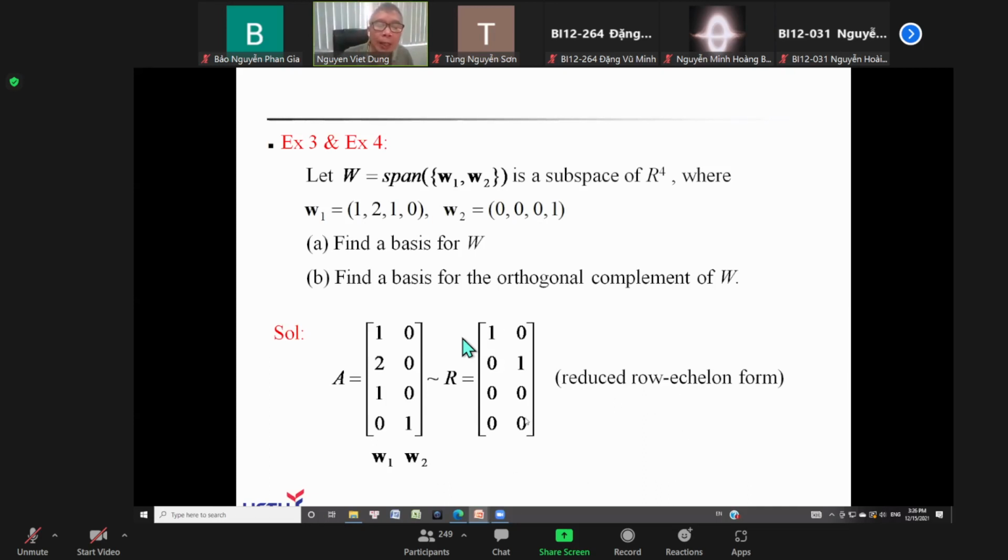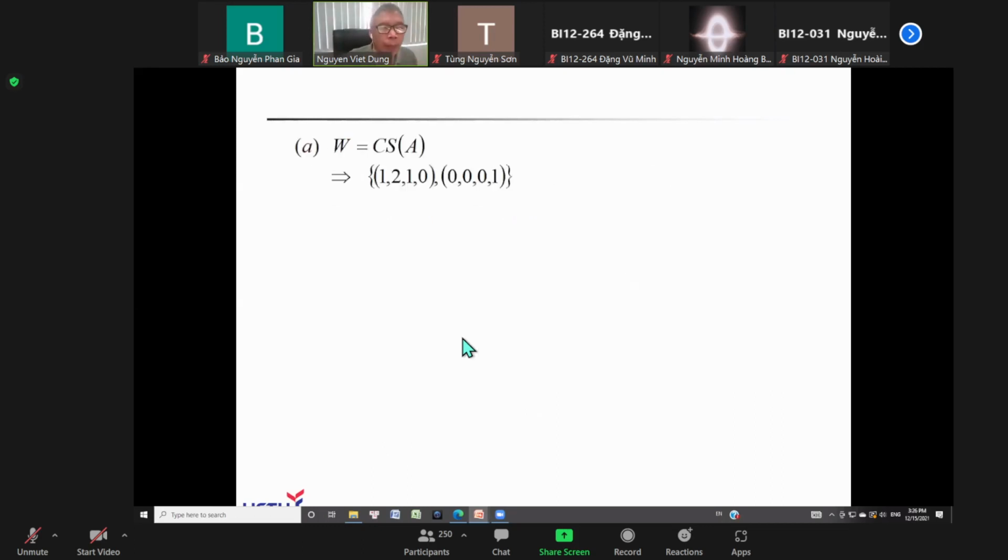The first column and the second column contain the leading ones, so they make a basis for the column space of the matrix A. It means that W1 and W2 make a basis for the column space of A. That is, W equals the column space of A, and it has a basis consisting of two vectors like that. That is a basis.